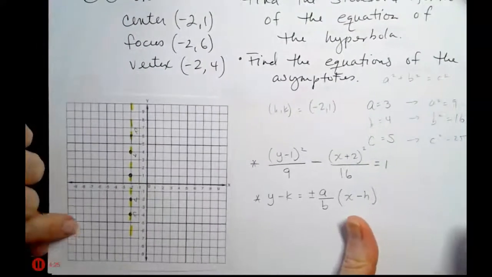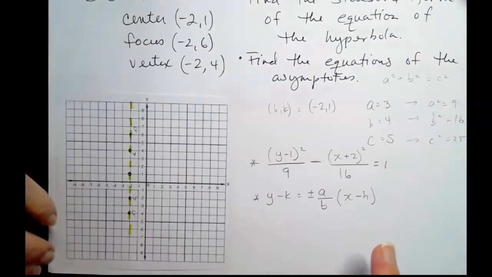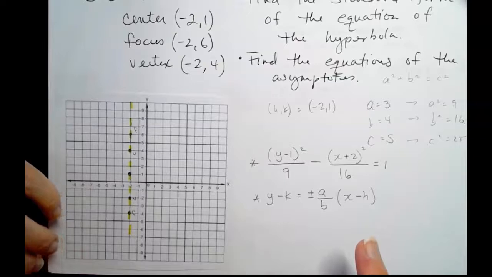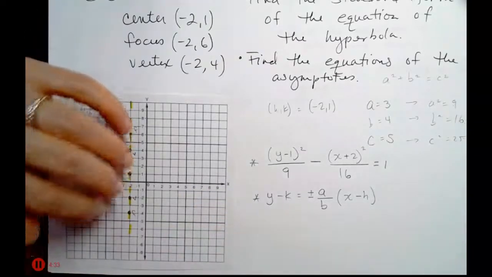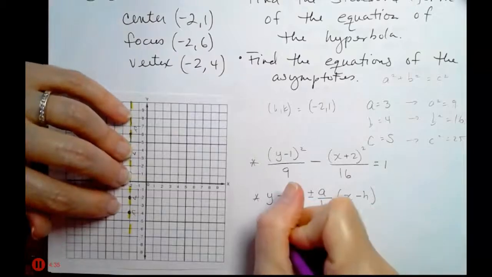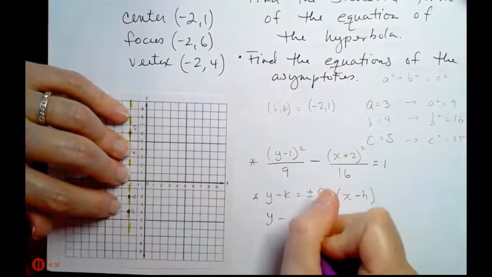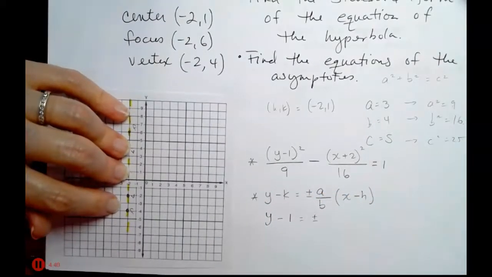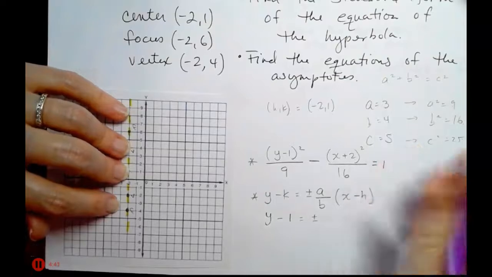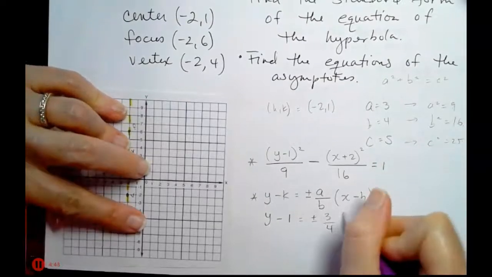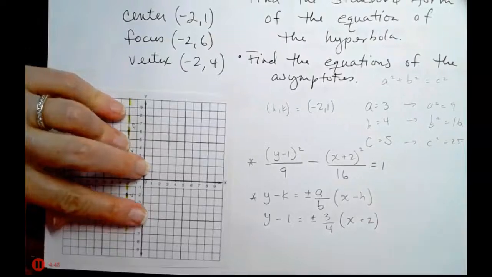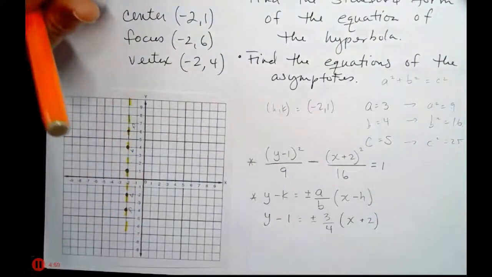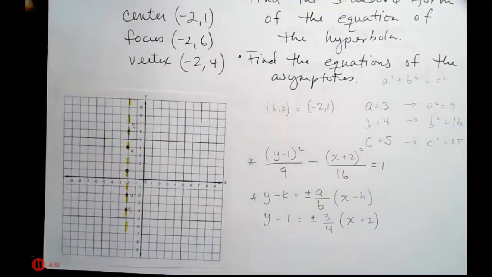This is our point slope form that's going to help us find those asymptotes. So let's plug in our givens. y minus k equals plus or minus a over b, so 3 over 4, times x minus -2. That is the general form of our asymptotes.